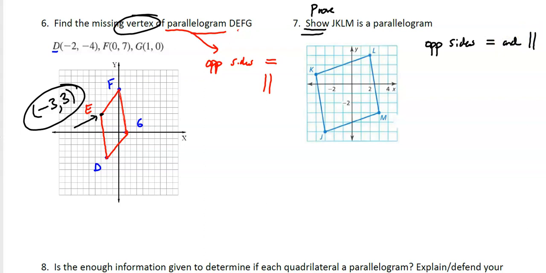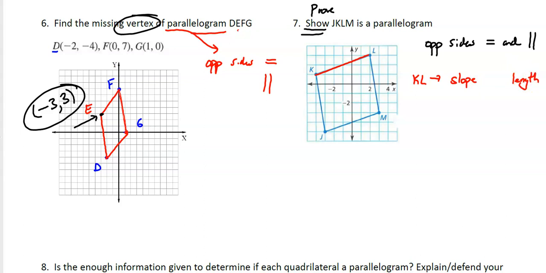So let's just kind of check this out. So first of all, if we look at KL, I think I can tell you a couple facts about KL. I think I can tell you the slope, and I think I can tell you the length. And I'm going to kind of use the same numbers to do both.